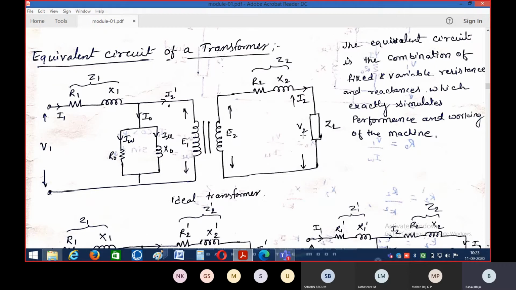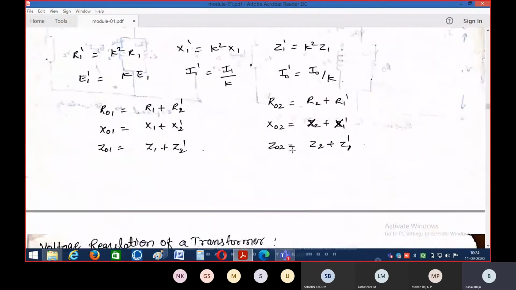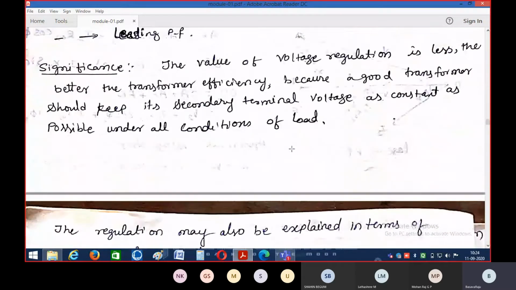For the no load condition, if I want to calculate it, I will get the no load voltage here. How do we get this no load voltage? It is V2 plus the voltage drop across this. What is the voltage drop across this? I get I2 R2, and the voltage drop across this is I2 X2. The same equations I have represented here. You can go through them.